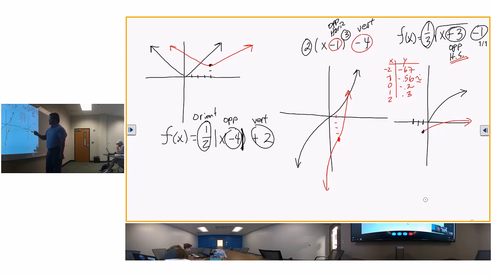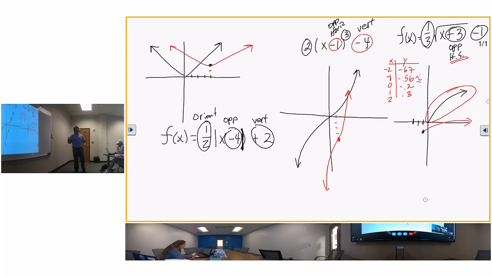What you're doing is comparing it to your parent graph. Your graph is going to be different from his graph, and his from hers, because you're sketching it. You just need to know what the horizontal shift, the vertical shift, and the orientation are doing. Your sketches are not going to look the same. You see what I'm saying?